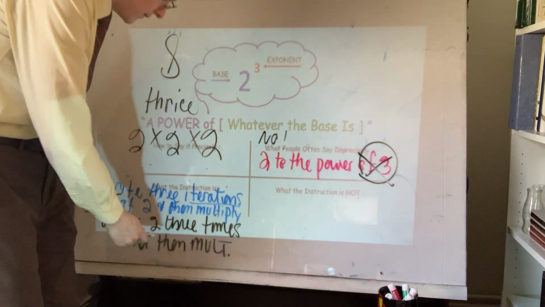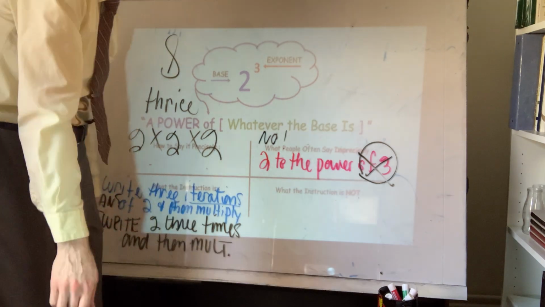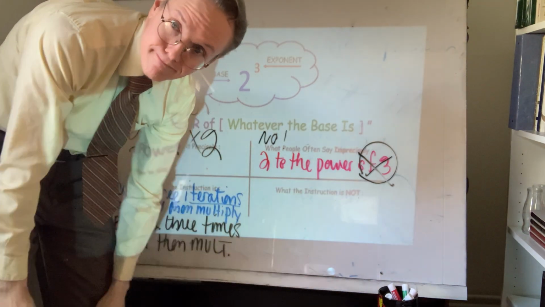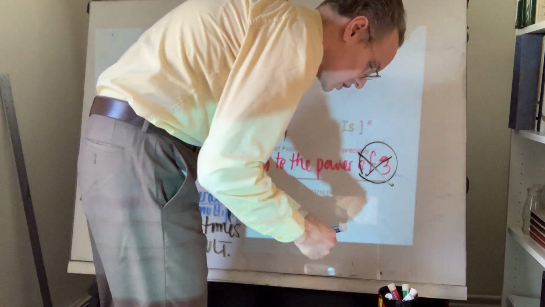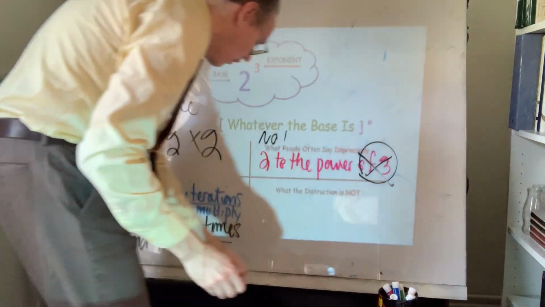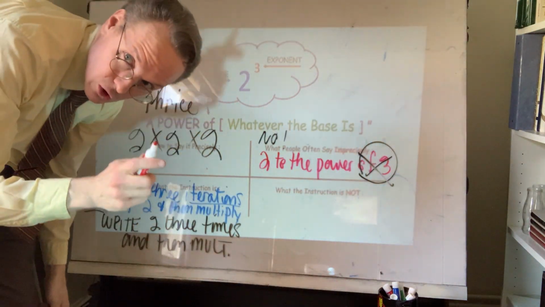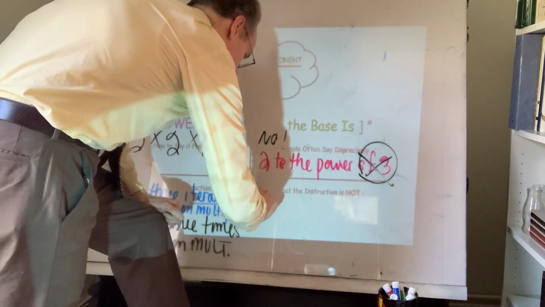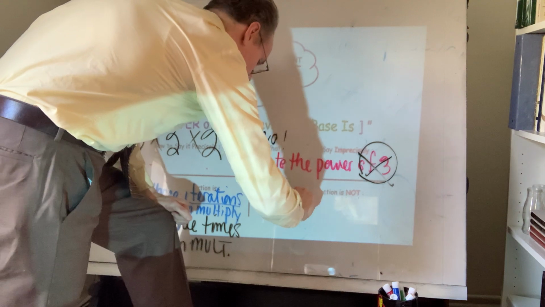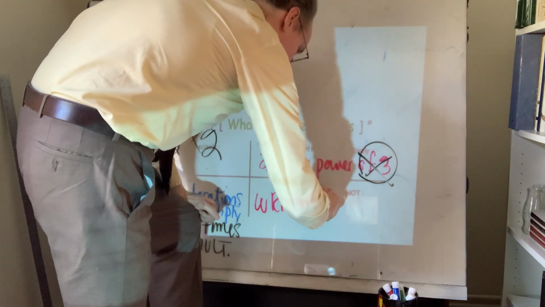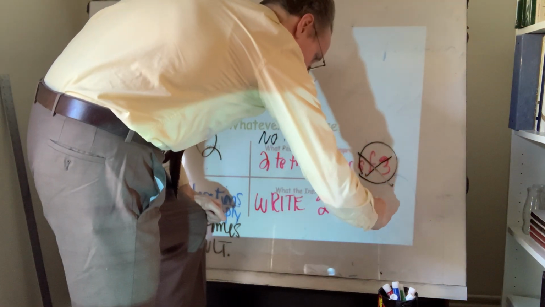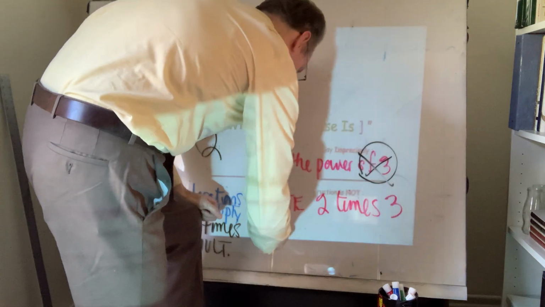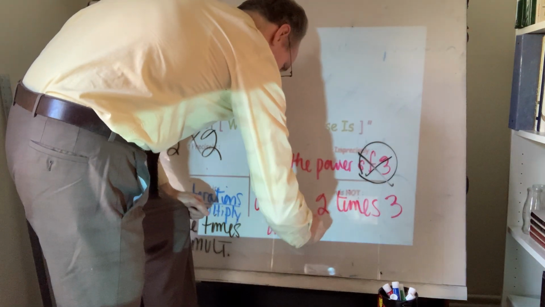Here's the mistake that people always make once you have said this, little kids especially. They go, oh, because English gets you in trouble. As a math teacher, write 2 times 3 and then multiply.